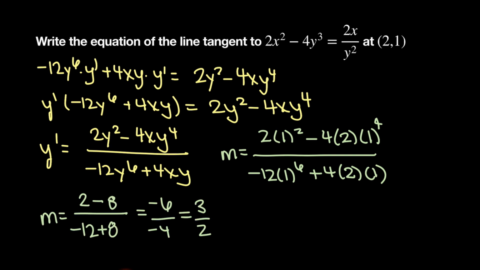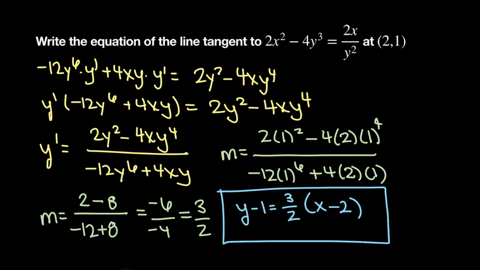All right, this simplifies all the way down to 3 over 2. And so that is the slope of my tangent line. So slope of my tangent line is 3 over 2. And then, oh, we also know our point of tangency. It's the point 2, 1. So my equation is y minus 1 equals 3 over 2 times x minus 2.